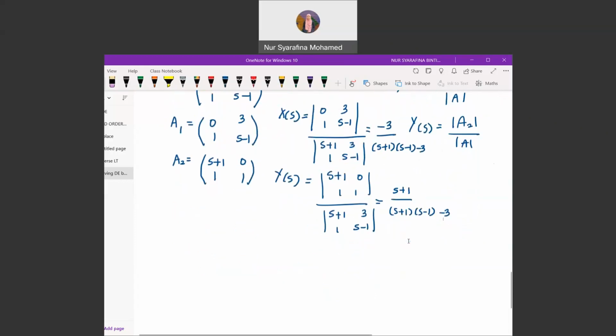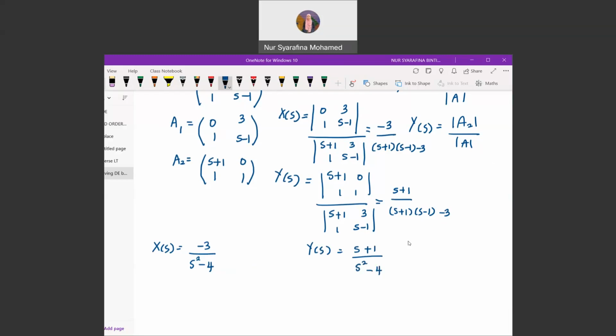So simplify. Here we have Xs equals minus 3 over, expanding this, s squared minus 4. And then Ys equals s plus 1 over, expanding minus 3, s squared minus 4.